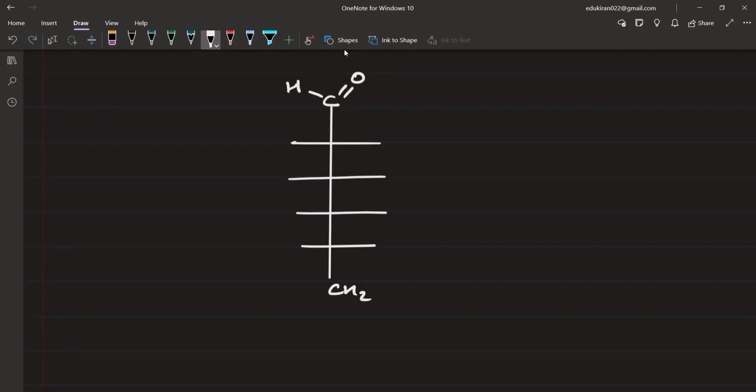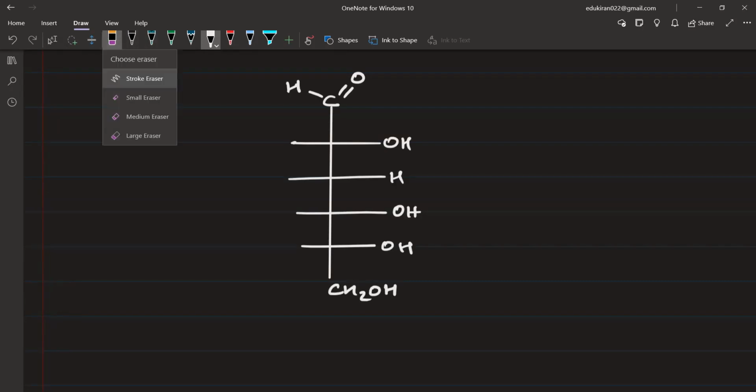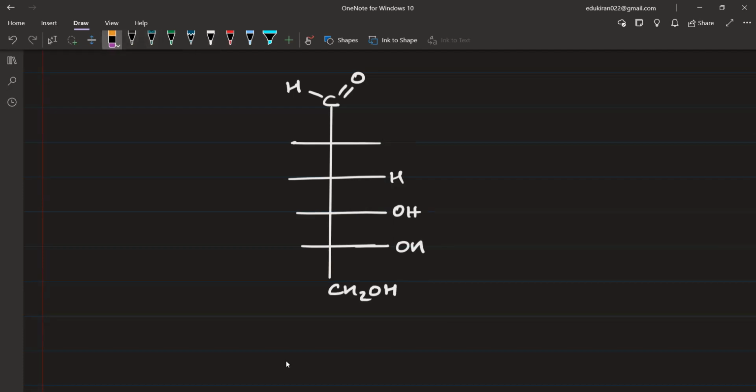Hydrogen. ठीक है, अब देखें यहाँ पे क्या होता है.